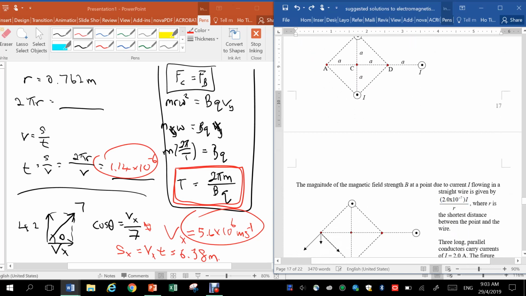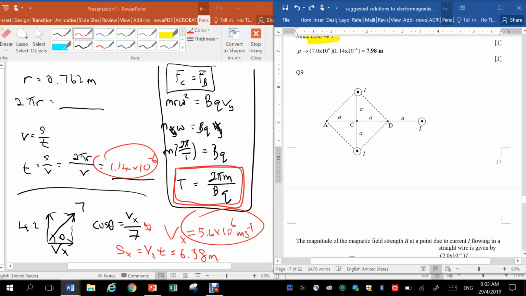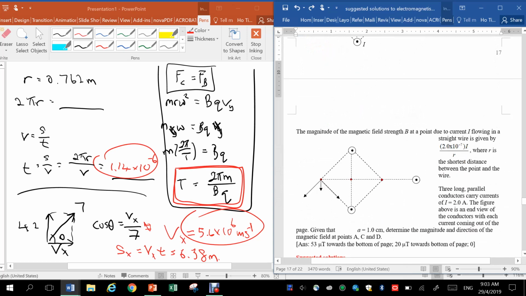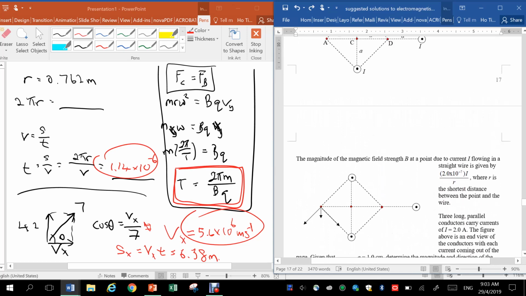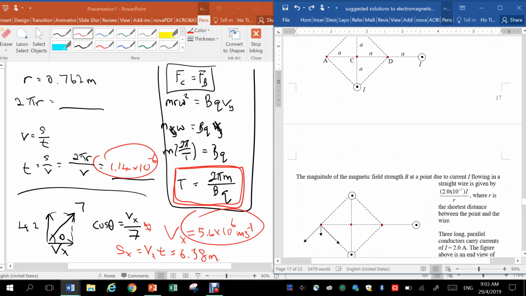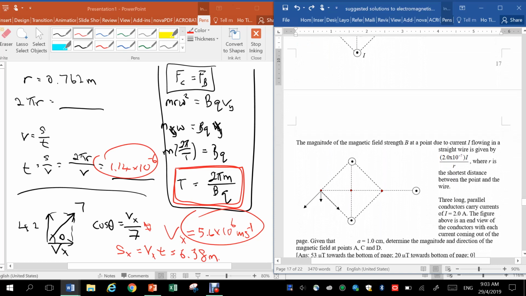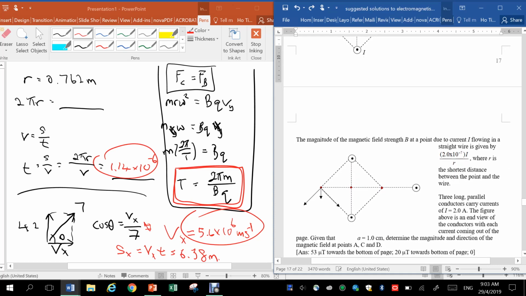Alright, so let's see what's happening here. The magnitude of the field strength B at a point is given by this. Actually, in the current H2 syllabus, you are given the equation as mu naught I over 2 pi r.